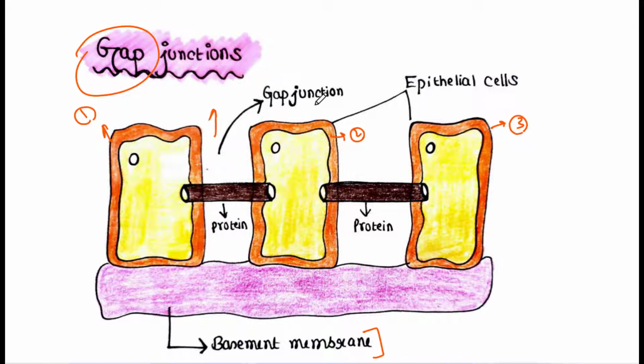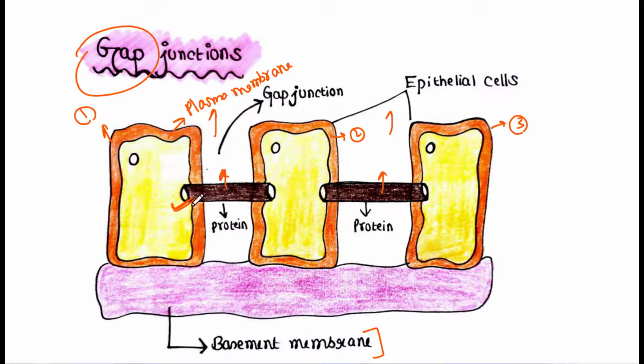Now you can see a gap is present between the cells, so a narrow intercellular space is present here. Now you can see this protein, which is actually a membrane protein. That means it is found in the plasma membrane.